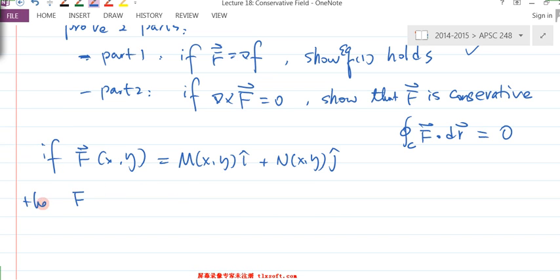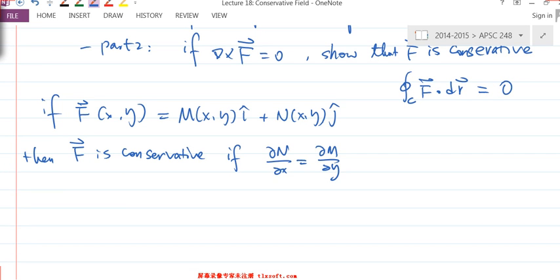So I'll probably write it here. Then F is conservative if partial n over partial x equals partial m over partial y.